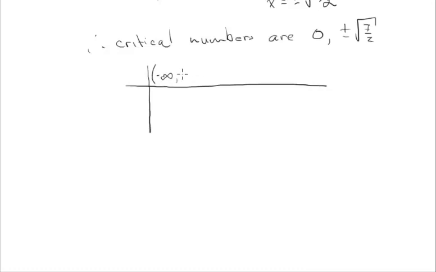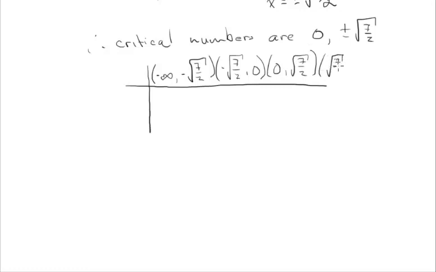The domain of the function was everything. So we set up our intervals. Zero to square root 7 over 2 and root 7 over 2 to infinity.